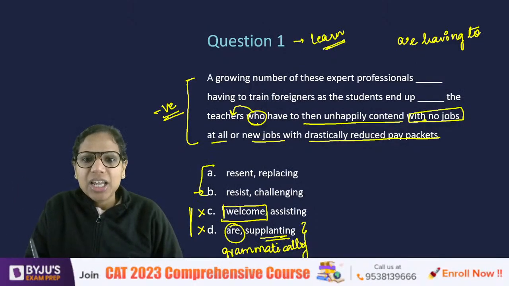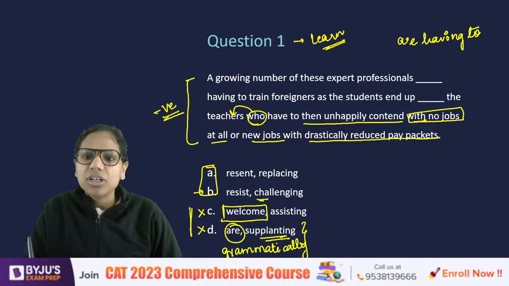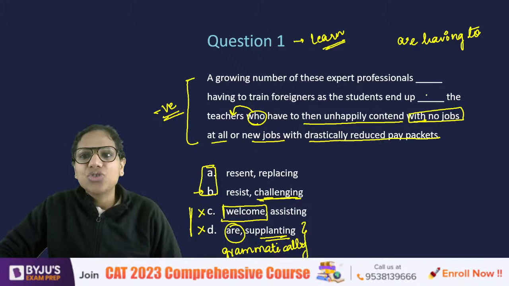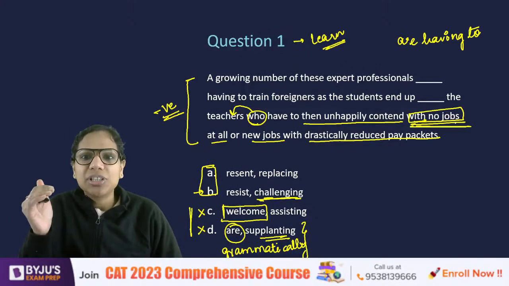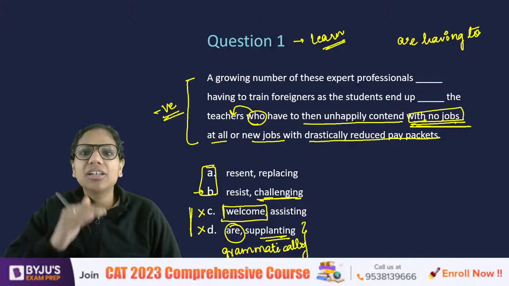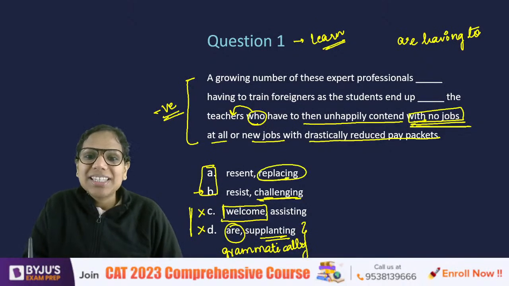All right. Now coming to these two. These were the two close options here. Now this word, challenging the teachers. Are they challenging them or are they replacing them? See, they are being left with no jobs. So that means these foreigners are also entering the very same jobs. They are also taking up the very same jobs. So they are replacing.